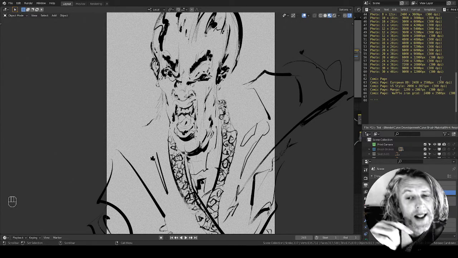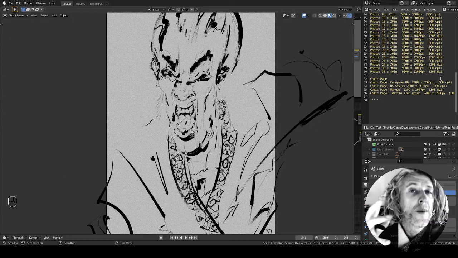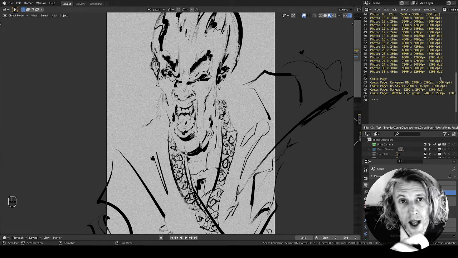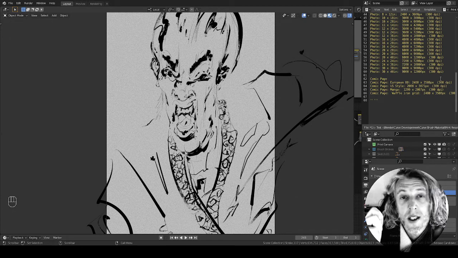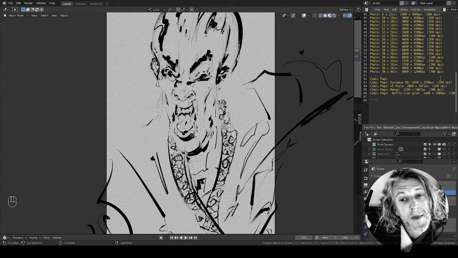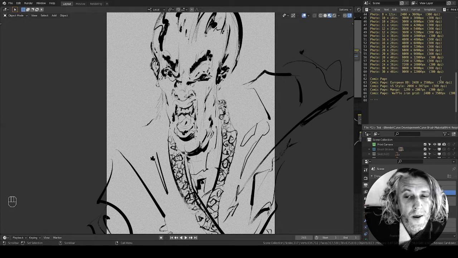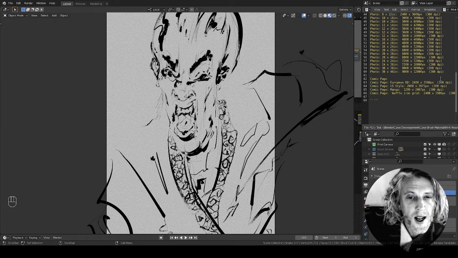So the next test, I'm going to convert all the brushes over, instead of being on the GPU where EEVEE crashes, and put it on the CPU, and then Cycles can handle it. Cycles can handle A0 resolution, no problem. Doesn't crash in any way whatsoever.